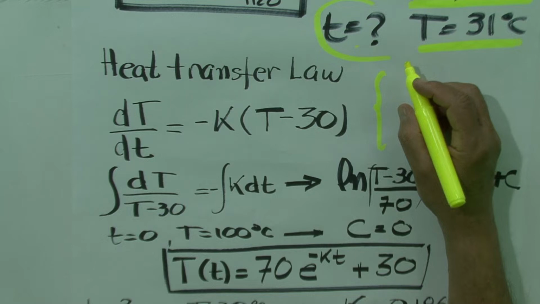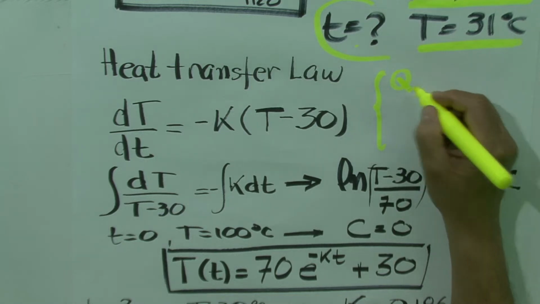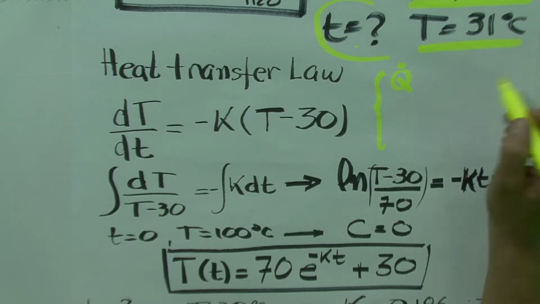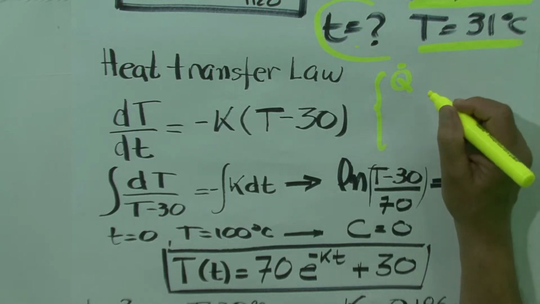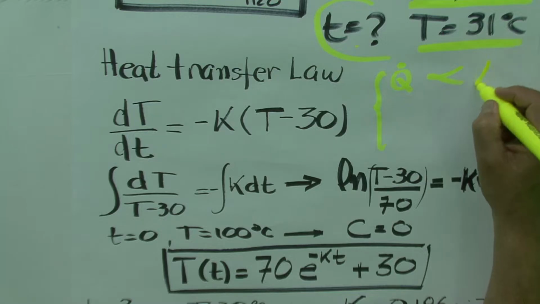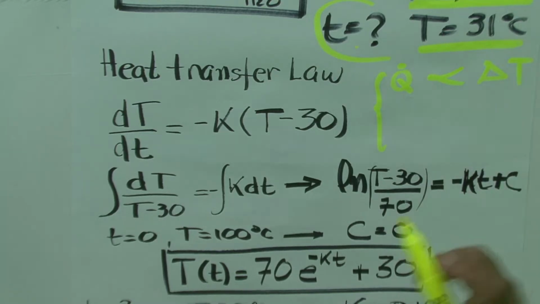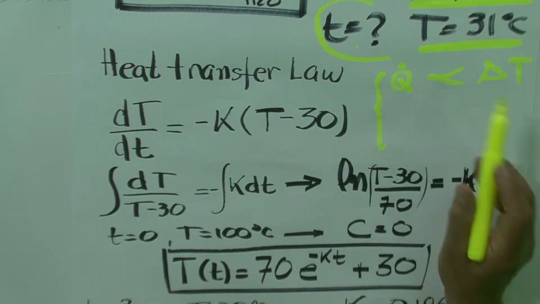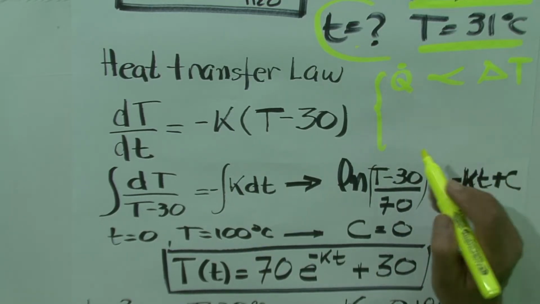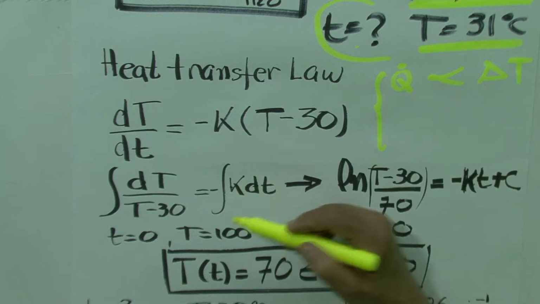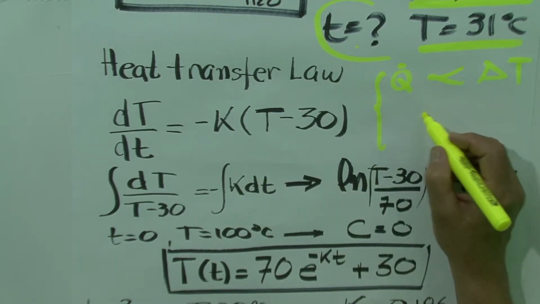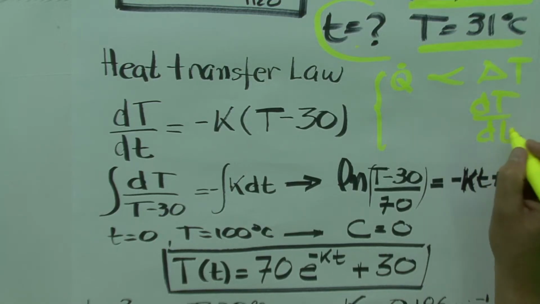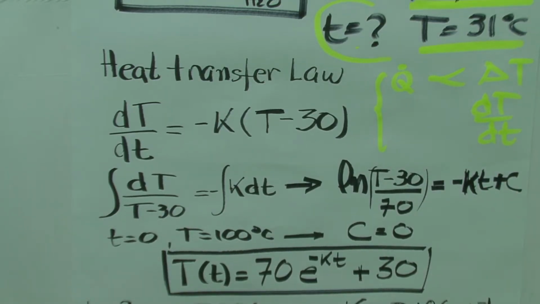Basically, the quantity of heat that will be transferred, which is the time variation, the flux of heat, is proportional to the difference of temperature between the hot and the cold part. And the second piece of information is that this is also proportional to the time variation of temperature. We learned this in transport phenomena.